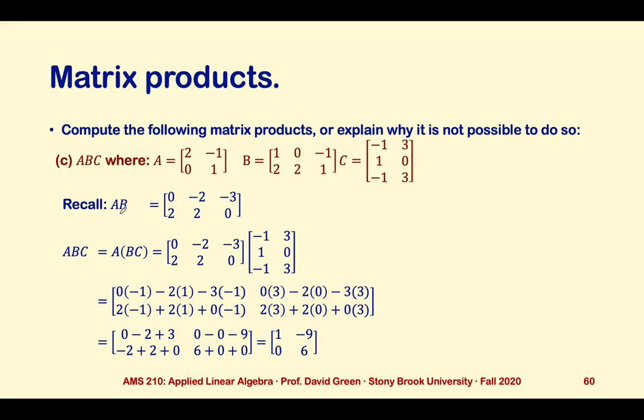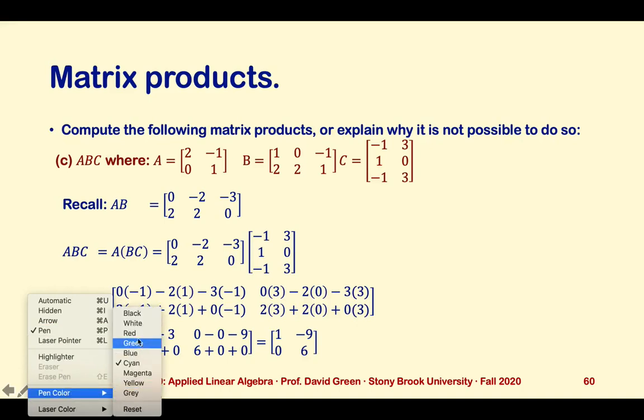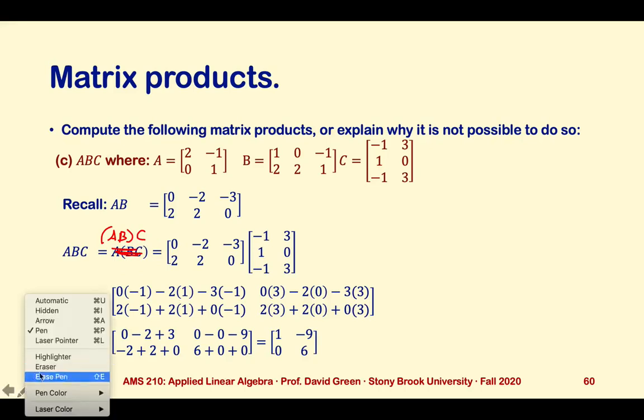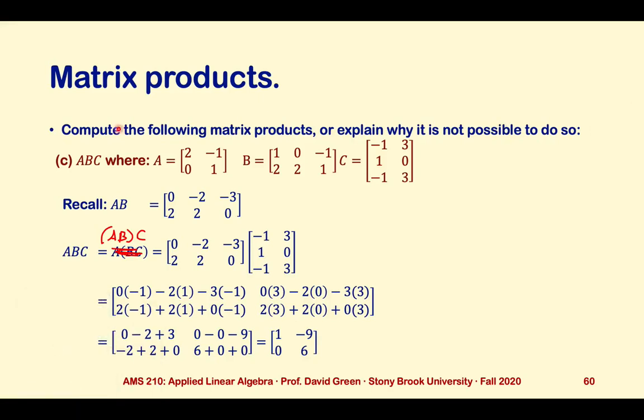That is, we could multiply AB first and then multiply by C, or we could multiply BC first and then by A. Here, A B times C is the easiest product for us to evaluate because we've already computed AB.